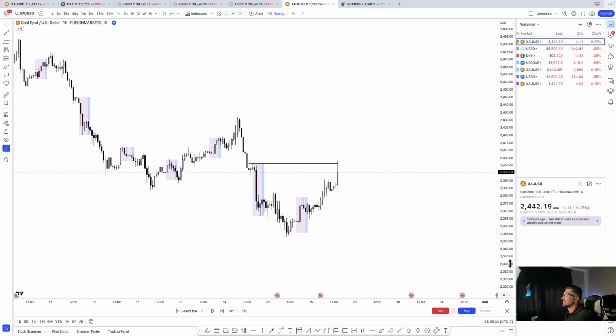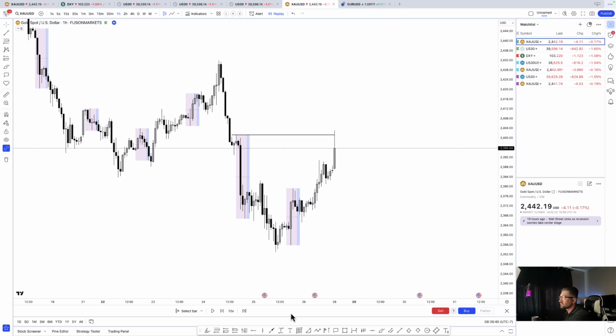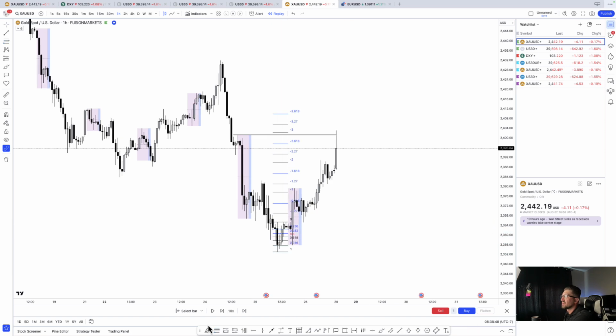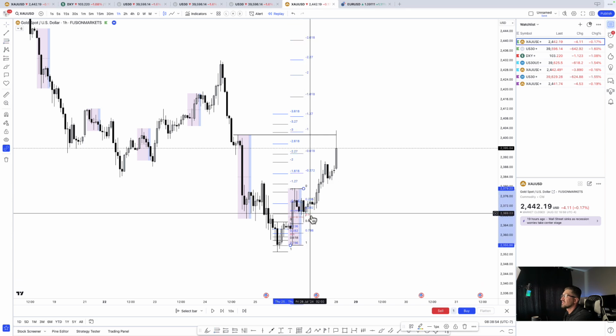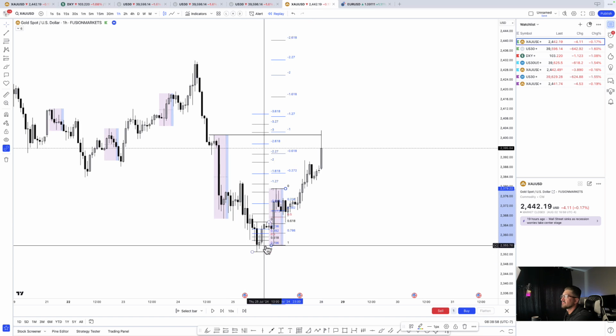Now, the next thing to consider. We look at reactions, we look at legs, we look at ranges. So, what does this mean? If I look at this first reaction, and I look at the second reaction, what does this tell us? The first reaction had a very deep retracement.